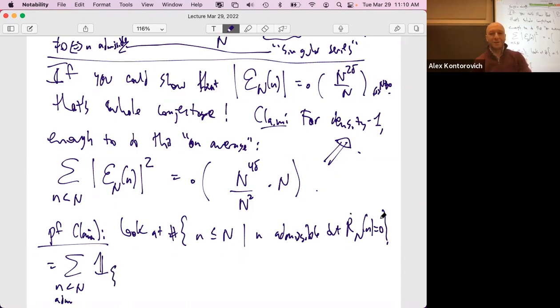But if Rn equals 0, then the major arcs are exactly equal to the negative of the minor arcs. Right? Rn is the sum of the main term plus the error term. Yes. And so if that happens, that certainly requires that the error term be at least of the same order of magnitude as the main term.